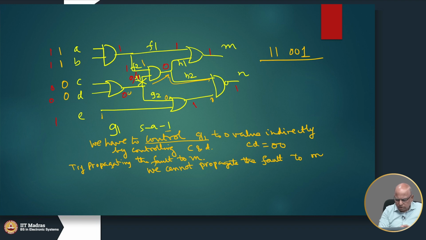So, a good circuit will produce a 1. On the other hand, if I ended up with a G1 stuck at 1 fault here, then that 1 will result in a 1 here, and that 0 1 will come here. The good circuit will produce a 1, but the faulty circuit will produce 0.